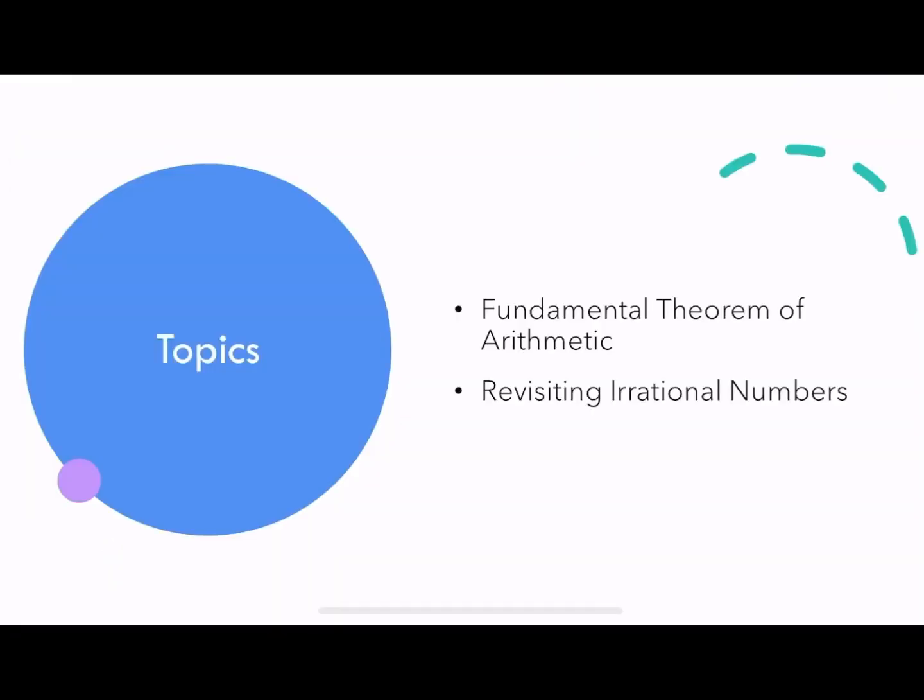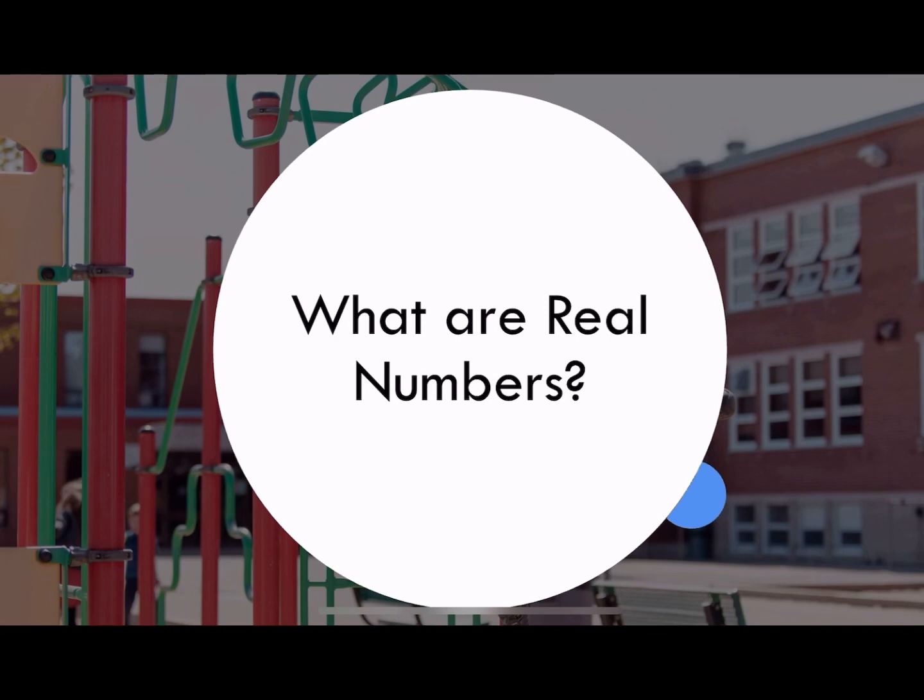The topics we are going to cover from this chapter are the fundamental theorem of arithmetic and revisiting irrational numbers. You guys are really lucky that you got two topics deleted: Euclid's division lemma and terminating and non-terminating decimal numbers. Lucky. Now, on to our question.